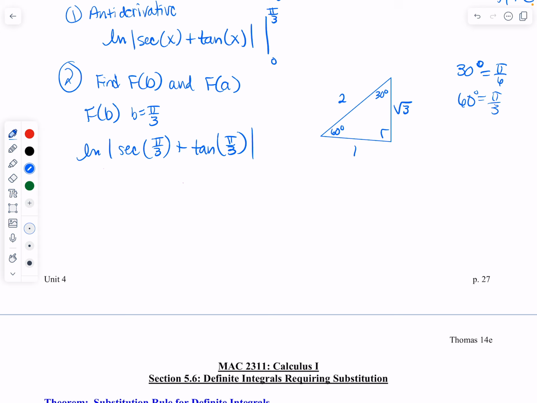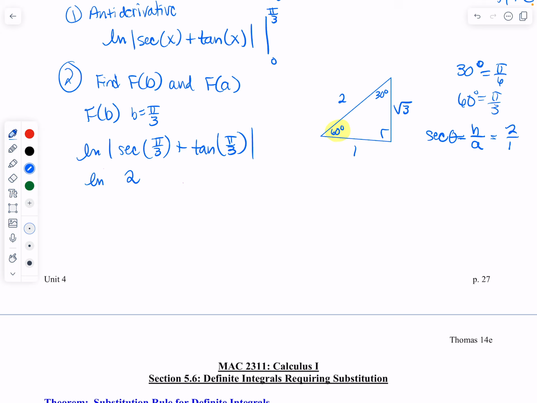I'm looking for secant of pi over 3. Secant is a reciprocal function of cosine. So secant is hypotenuse over adjacent. So I'm looking at this angle here. Hypotenuse is 2 over the adjacent side, which is 1. So 2 over 1 is 2.